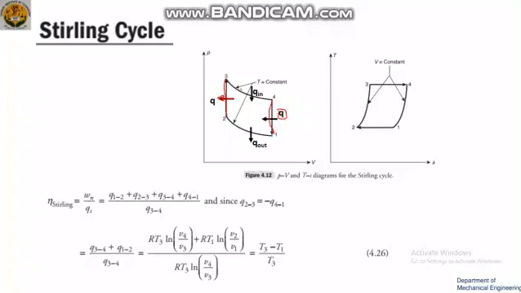And heat supplied is from the process 3 to 4, Q in. As you can see here, it is a constant temperature process, that is isothermal process, and heat rejected is also an isothermal process, which is 1 to 2.